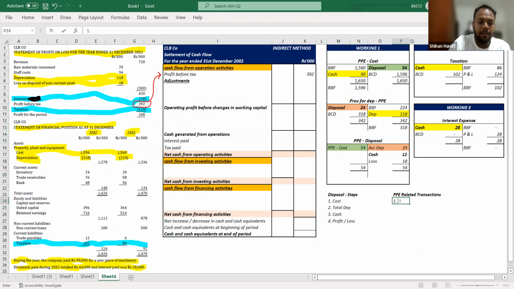Number 1 is you need to adjust the depreciation.